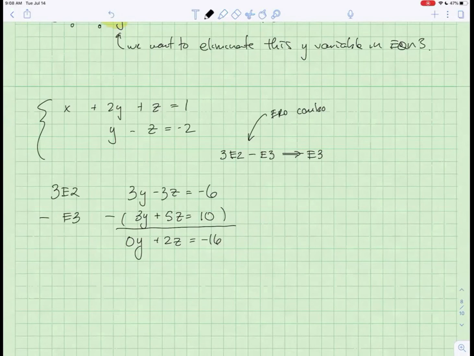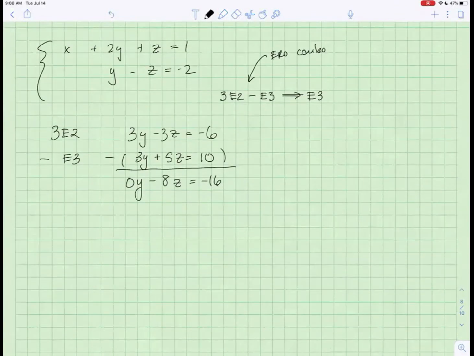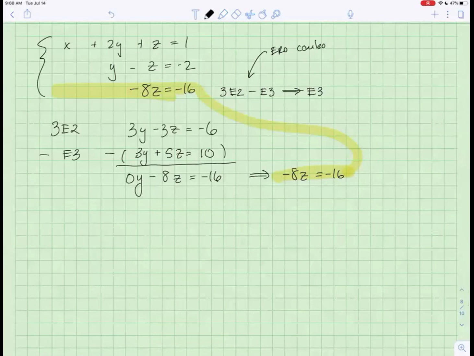There it is right there. That's my mistake. So let's clean this up again here. That should be a -8z. Thank you. And so my new row 3 is -8z is equal to -16. So that's, good eyes, that's what's going to go right here. -8z is equal to -16.